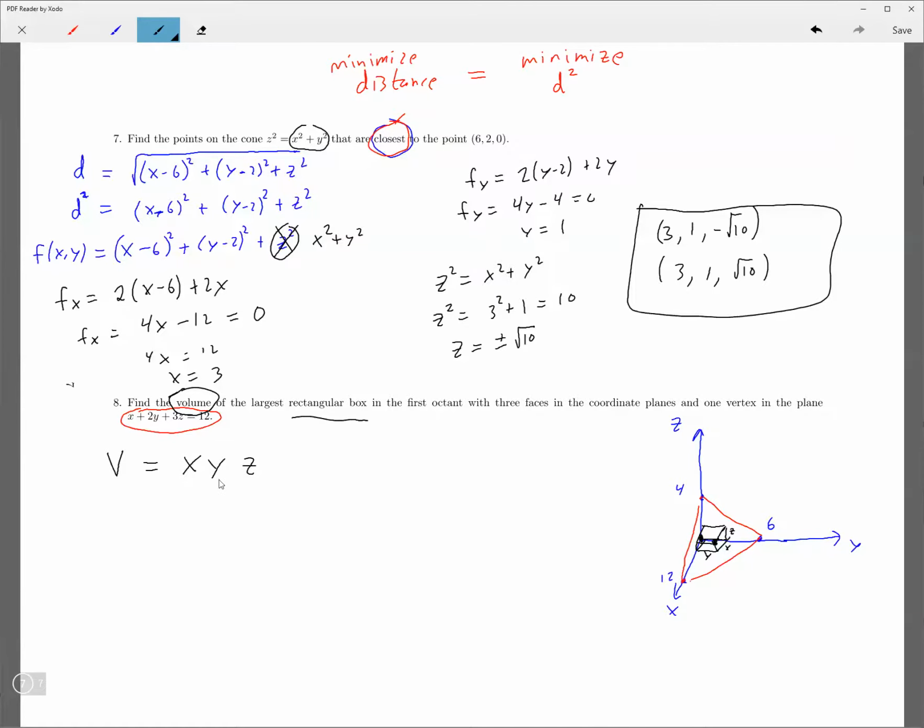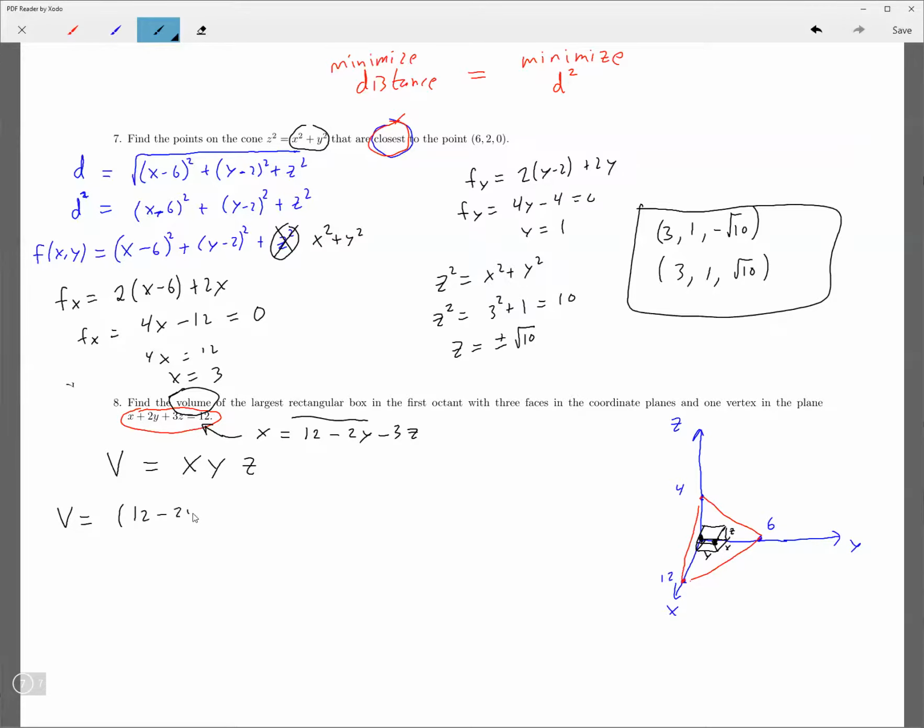So you have x, y, z, but you have that restriction, which this restriction can also be written as x equals, let's see, 12 minus 2y minus 3z, right? Okay, because x is the easiest one to solve for, so I just solve for x. And then now the volume becomes, instead of x there, we replace it with the solved values.